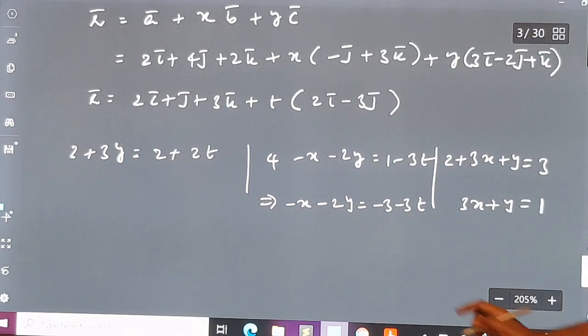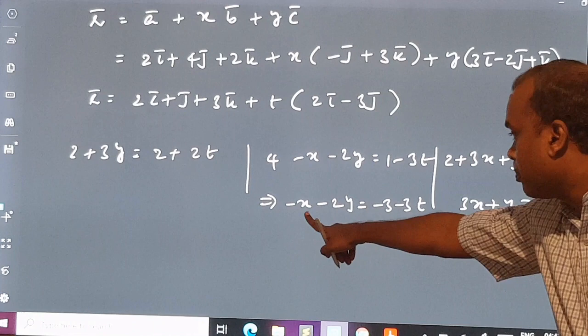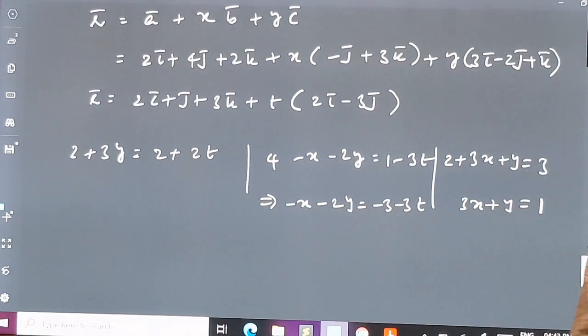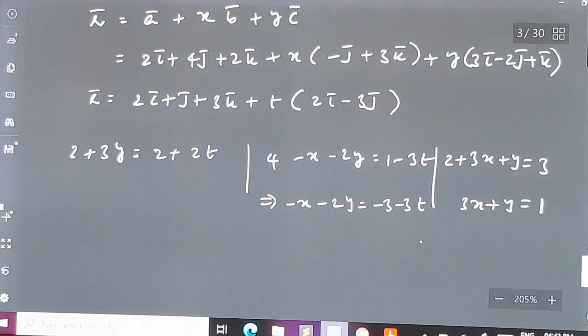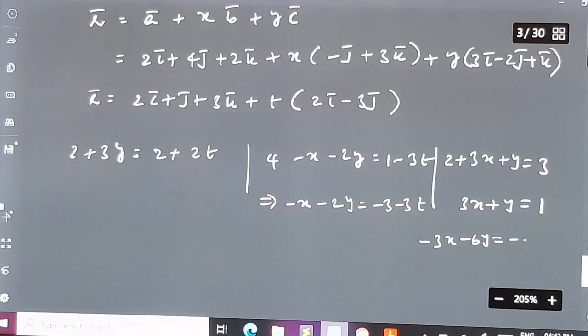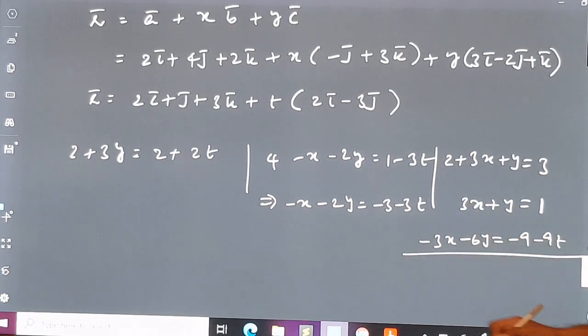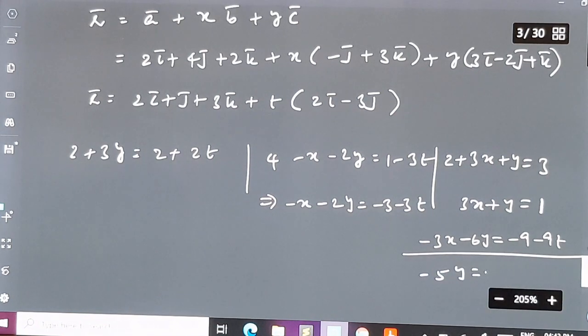Now I will multiply this by 3 and write down here. So I will get minus 3x minus 6y is equal to minus 9 minus 9t. So adding over here, I will have minus 5y is equal to minus 8 minus 9t.